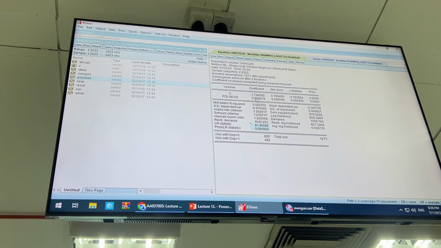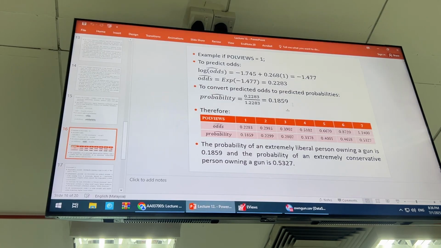So this plus 0.268 times political view. If political view equals 1, then you calculate, and you get negative 1.477. Okay, that gives you the estimated log odds. So you use the anti-log, using the exponent. The exponent of this value gives you the estimate of the odds ratio, 0.2283.